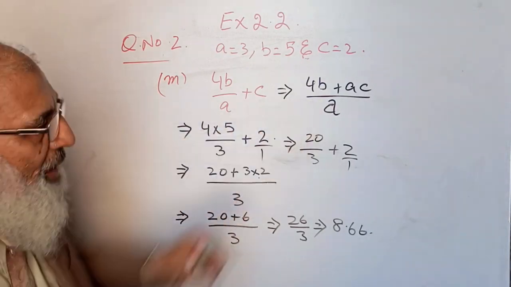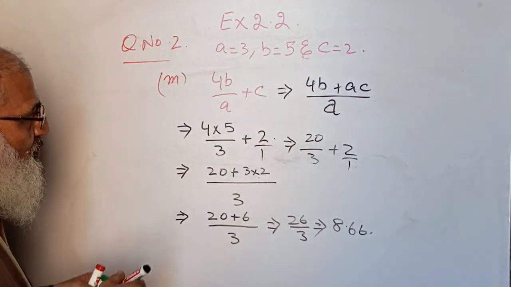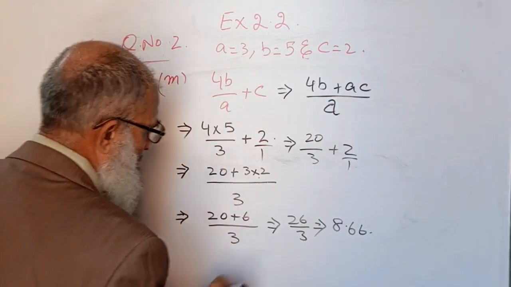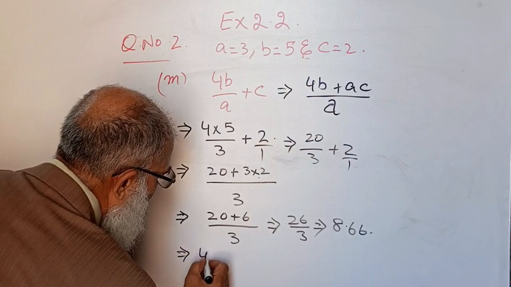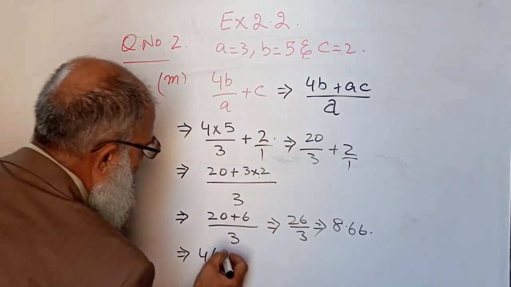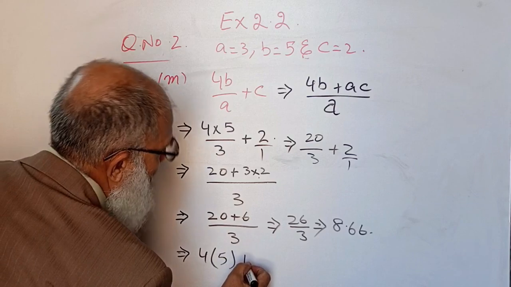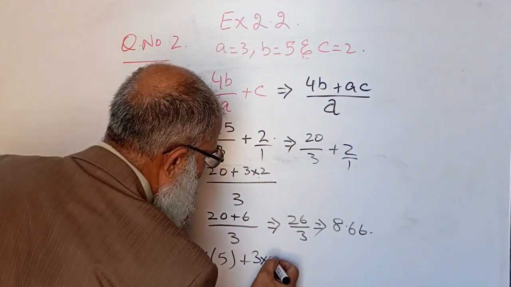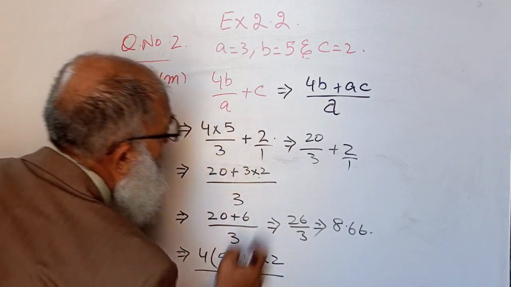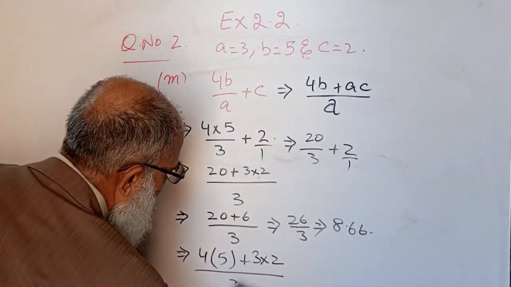You see that if I have done it in this way, it will become the same. 4b, 4 multiplied by b was 5, and plus a is 3, c is 2, and divided by a is 3.